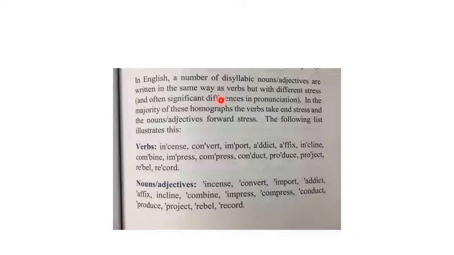In the majority of these homographs, the verbs take end stress and the nouns and adjectives forward stress. In this type of word, the verb takes stress on the second syllable and the noun or adjective takes stress on the first syllable. Okay? Let's see this list of verbs and nouns or adjectives.